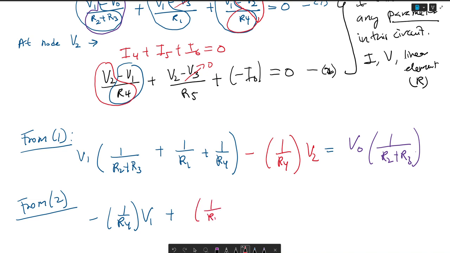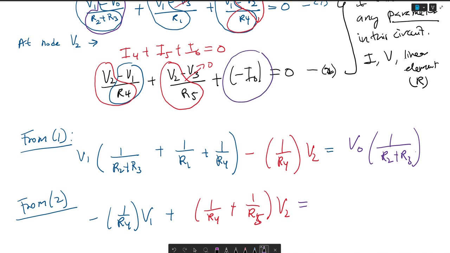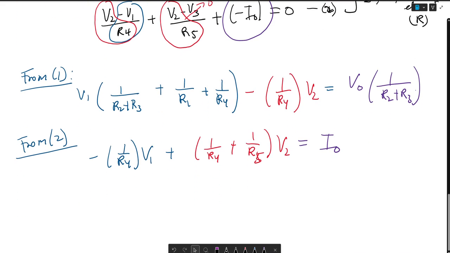So 1 over R4 plus, this is an R5, 1 over R5 times V2. And then this is equal to, again, there's no V0 here, but it's just an I0. So we move the I0 to the right-hand side.